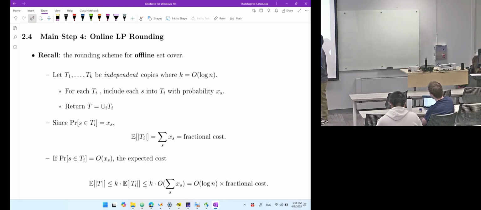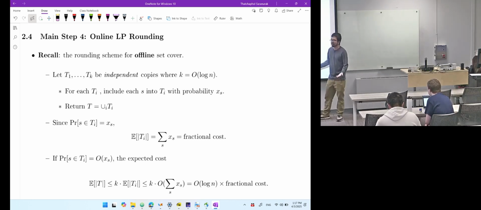And what's the cost? Well, the probability that S is in Ti is xs, so the expected size of Ti is just the sum of xs, which is the fractional cost of the LP. So the cost of T, which is a union of k many sets, is at most k times the expected size of Ti, which is just log n times the fractional cost.